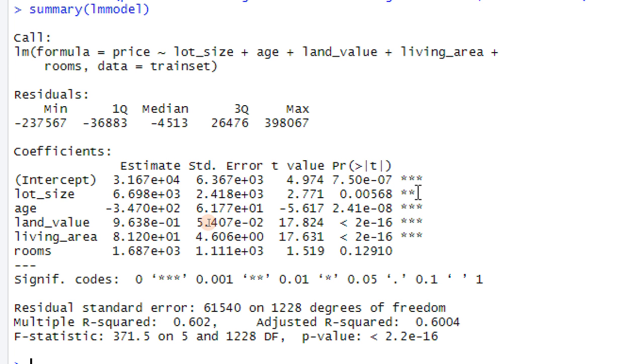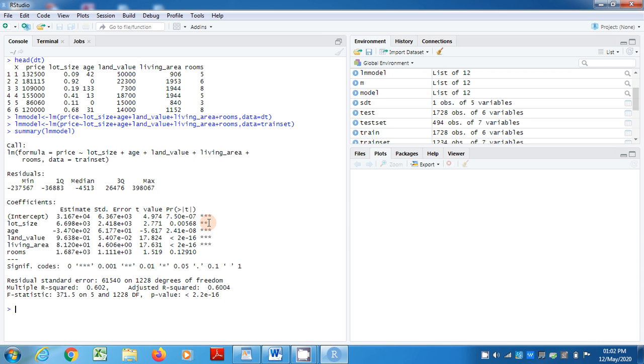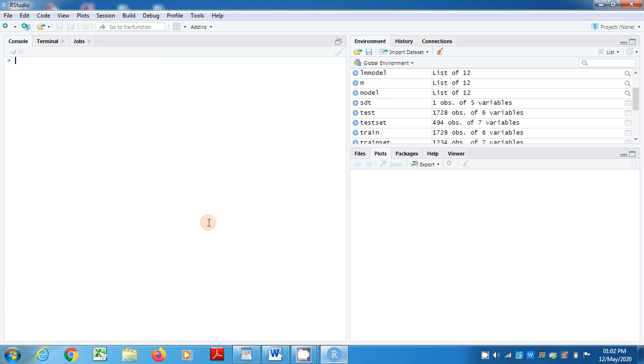If you don't understand using this representation, we can do a correlation plot also. Using that correlation plot, you can graphically see the relation between the variables. So how to do the correlation plot? For this, you need to install another package called corrplot.